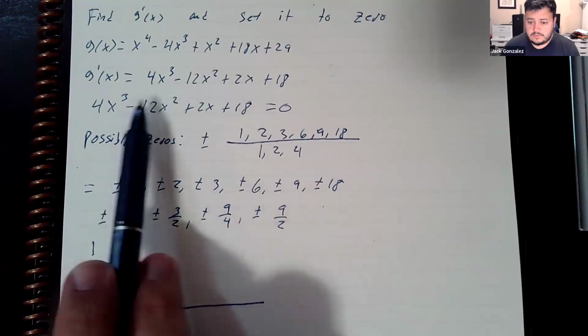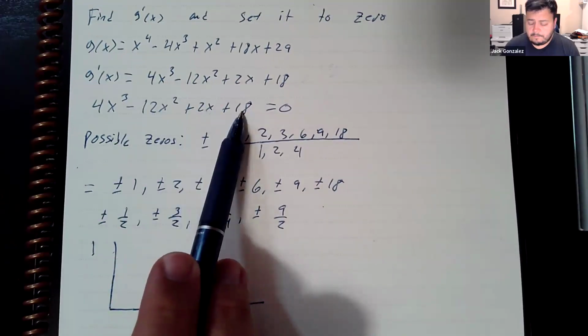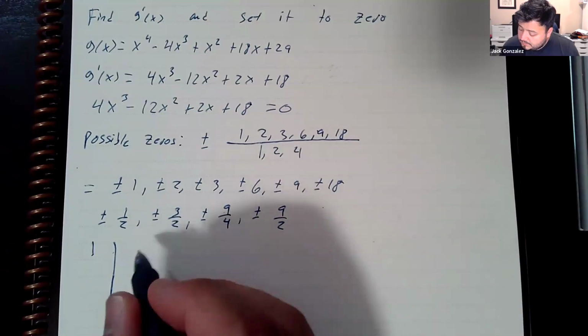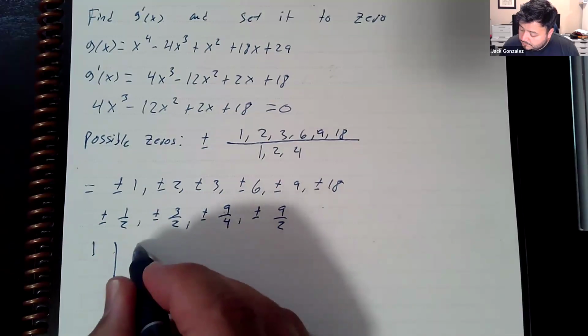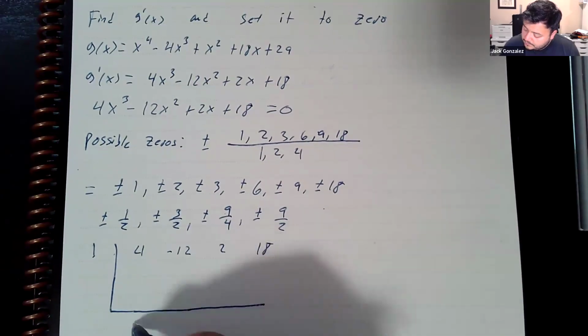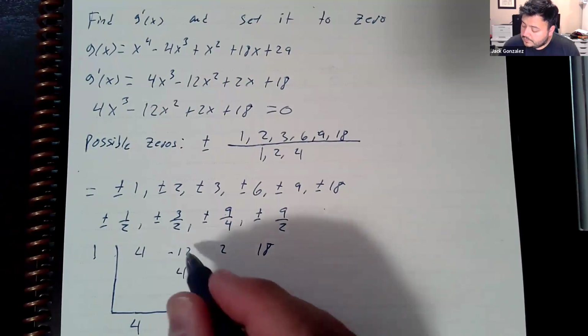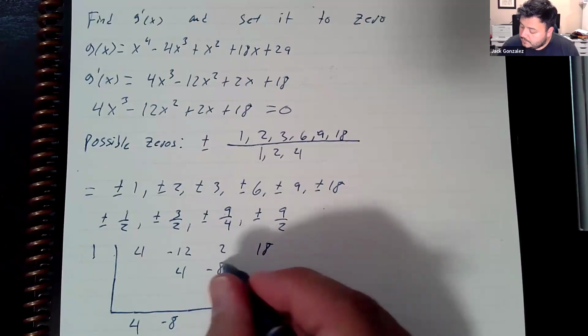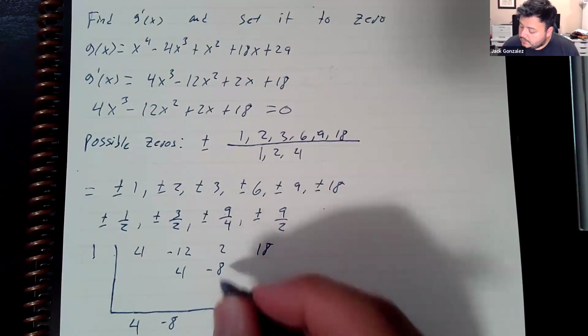So we got degrees 3, 2, 1, 0. So you got 4, -12, 2, 18. Bring down the 4. 1 times 4. -12 plus 4. 1 times -8. Add that up.